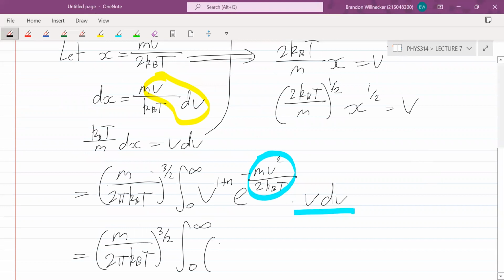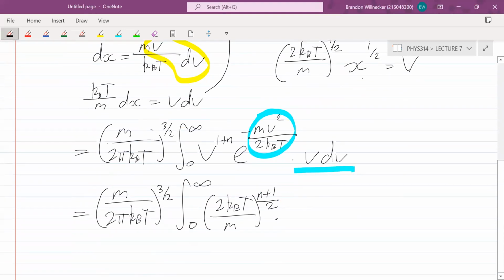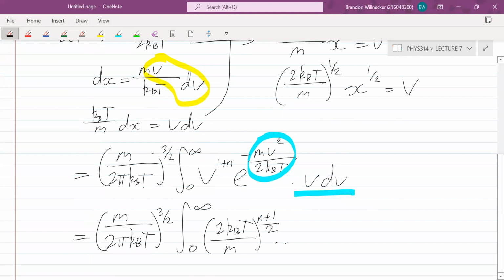So we end up with 2 kbt over m to the 1/2 to the power of n plus 1, times x to the n plus 1 over 2. And then we're going to have e to the minus x.